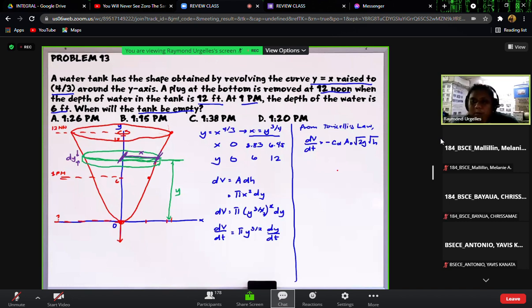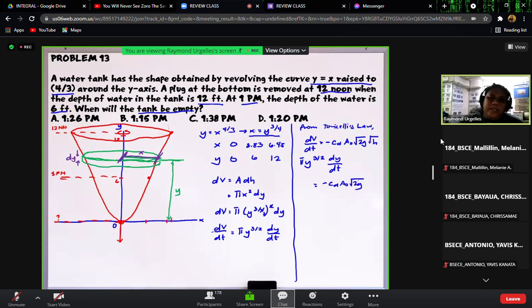So again, square root of 2gh, pinaghiwalay ko lang yung 2g saka yung h. So yung dv dt natin is pi times y raised to 3/2 times dy dt.